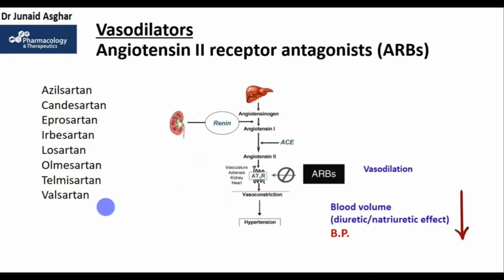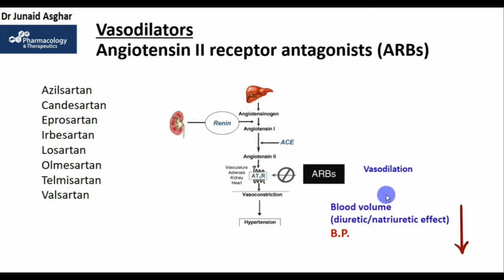However, their mechanism is different. ARBs are receptor antagonists, which means they block the angiotensin 2 type 1 receptor. We also call it AT1R or AT1 receptor on the blood vessels and the heart, and thus dilate the arteries and veins and thus reduce the blood pressure.